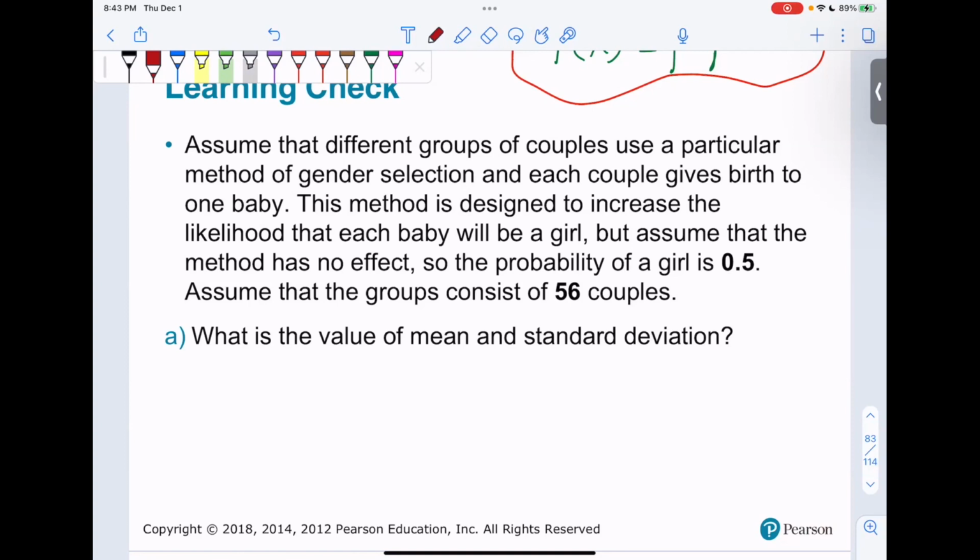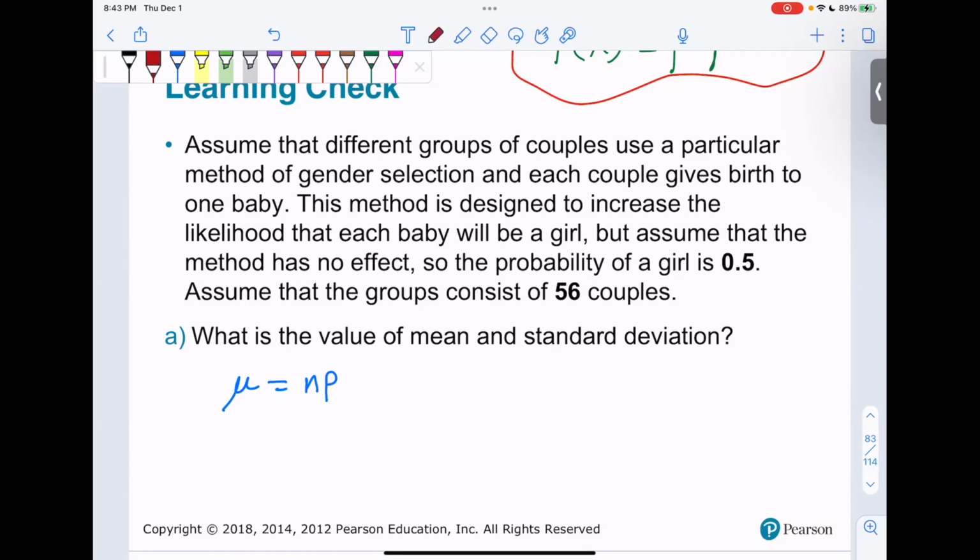So easy, we can say mu equals what? np, right? This is mu for binomial distribution.